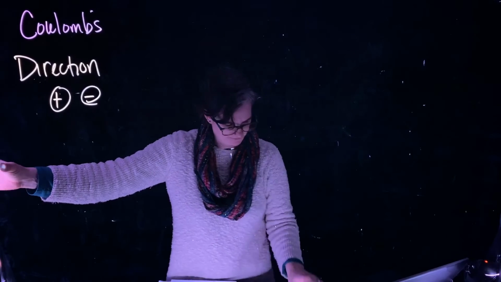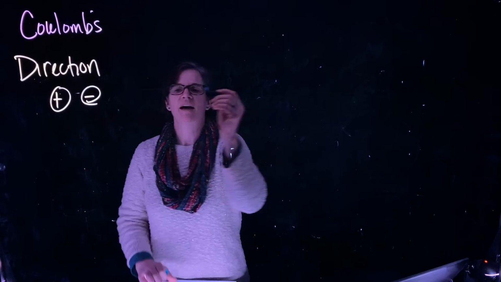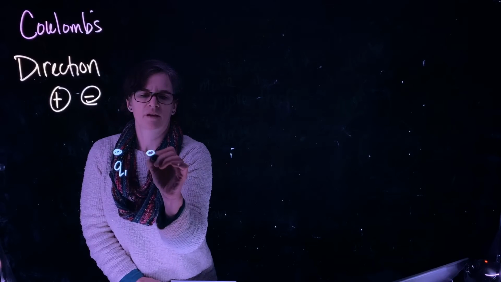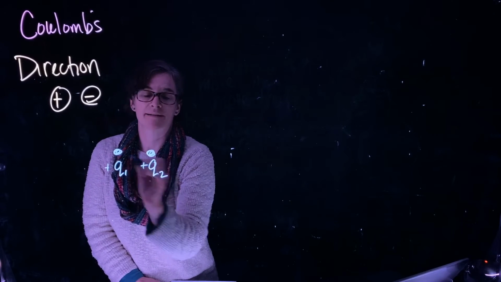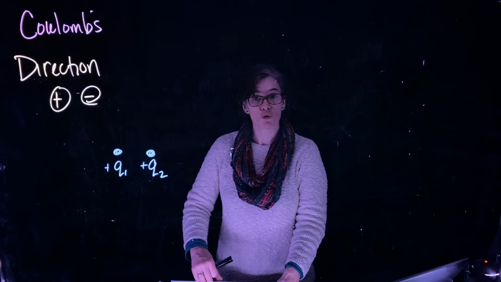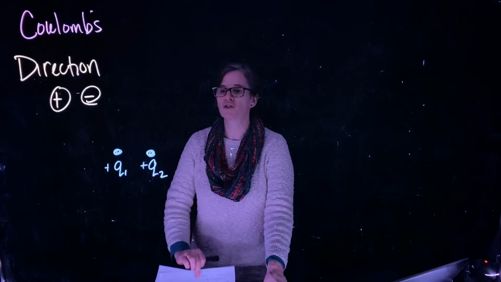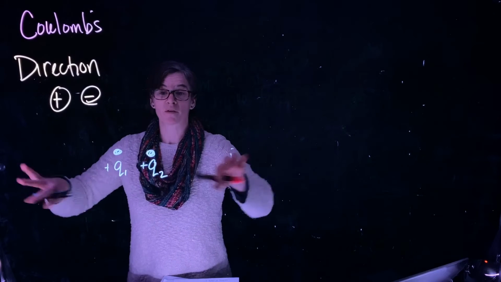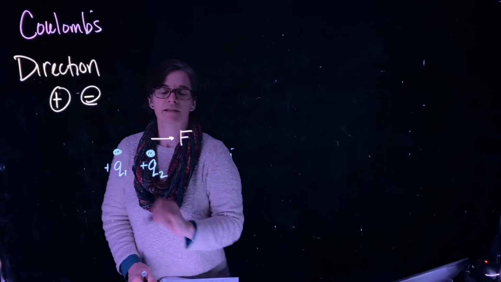All right. So let's imagine that we have Q1 and Q2, and they're both positive. Well, if Q1 is positive and Q2 is positive, then this is going to be a situation where the force Q2 experiences from Q1 is repulsive. And Q2 should experience a force in that direction.